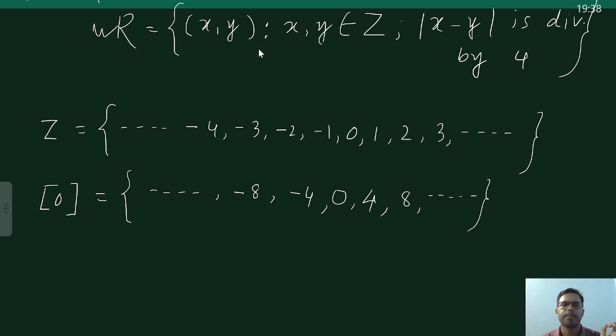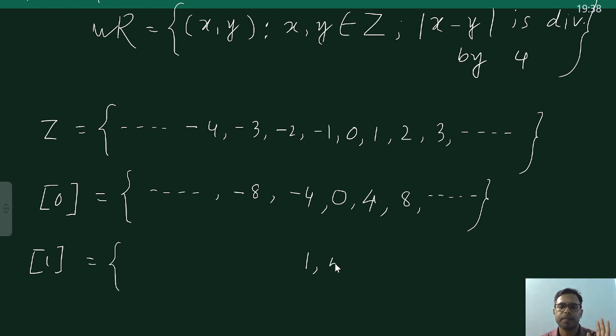Now try to find the class of 1. So 1 will be there, because 1 minus 1 is 0 and that is divisible by 4. Then we cannot take 2, 3, or 4, because 1 minus 4 is not divisible by 4, but we can take 5.